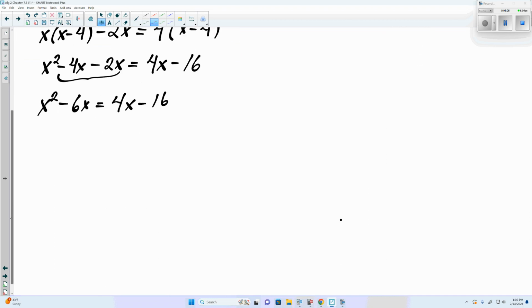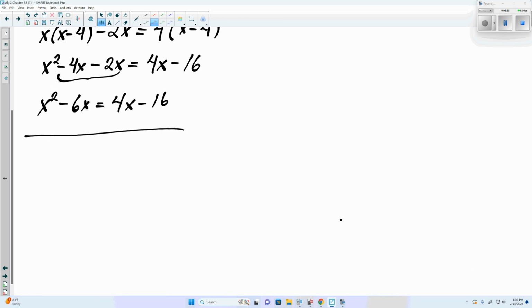Now this one here, unlike the last one, we do have an x squared term. So we need to get it equal to 0. Because if that x squared wasn't there, we just had negative 6x equals 4x minus 16, we get x by itself. But since we have that x squared term, we need this equal to 0.